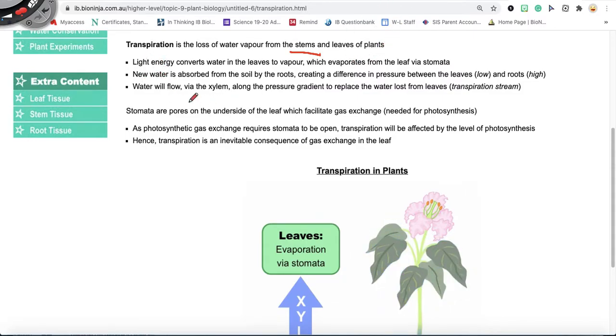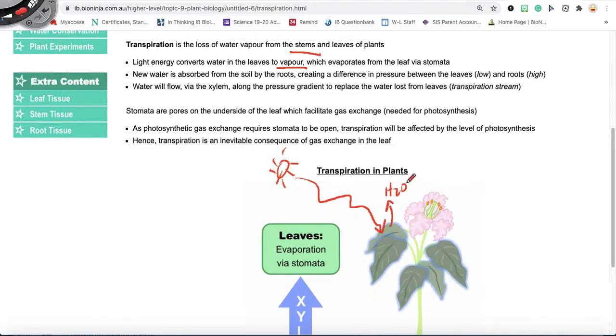So how does this happen? So we know that light energy converts water in the leaves. So when this hits the water in the leaves, it converts it to vapor. And we know that that's evaporation, when liquid water converts into vapor. And then we know that that is going to evaporate from the leaf via the stomata.